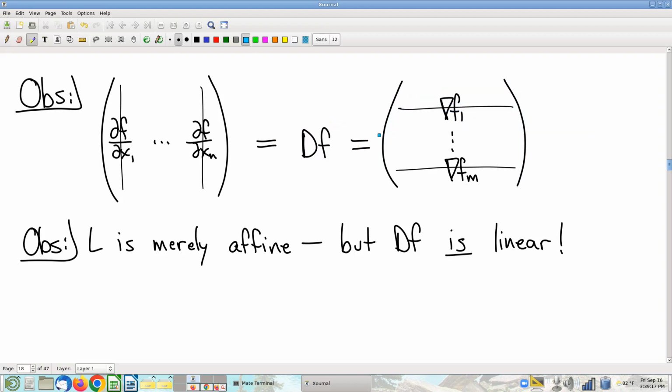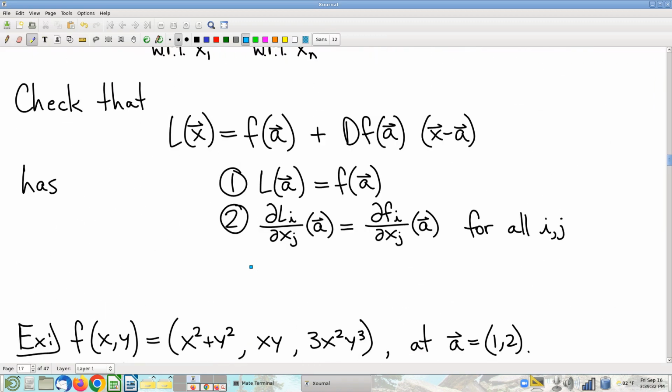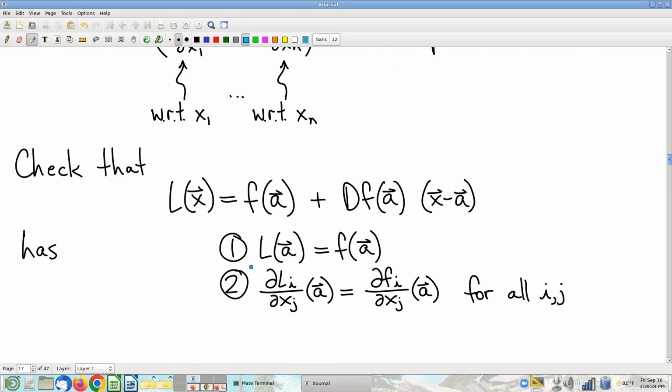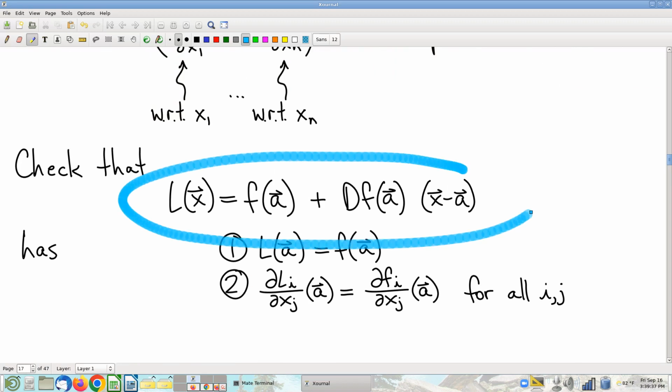And I've already talked about this. Technically L, we call it the linear approximation. Technically, it's not linear because it's not a linear transformation. 0 doesn't go to 0, for example. It's just not linear. But as to why they call it linear, the part of this formula that's doing most of the work, other than this constant right here, is this matrix.